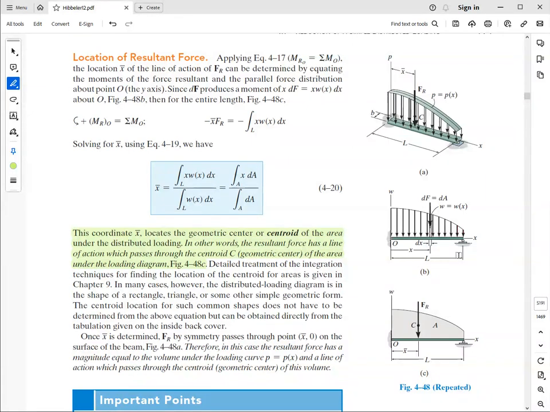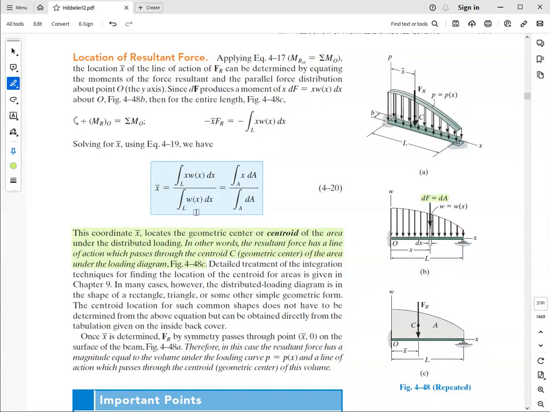Looking at this figure, the force acting per length dx is going to be w, a function of x, times dx, and then multiplied by the distance from the axis. It'll be the axis perpendicular to x and to w, coming towards us. So this resultant force acting per unit length, or could be unit area, times the arm of the force.